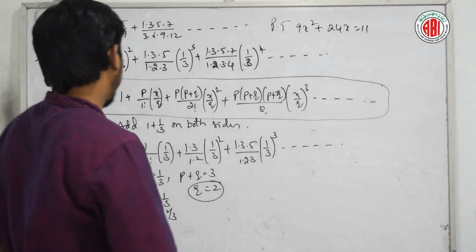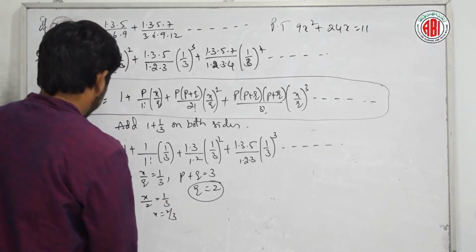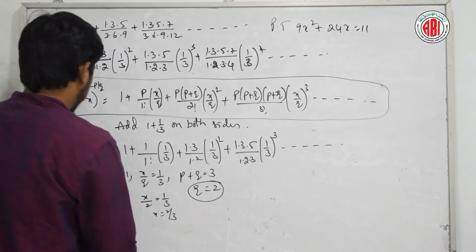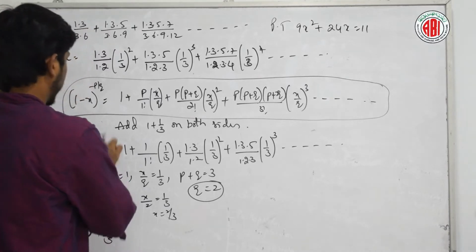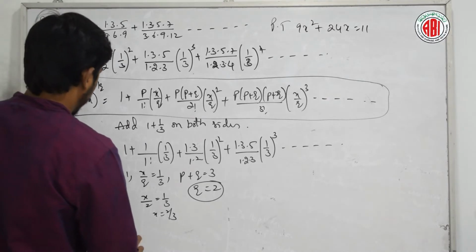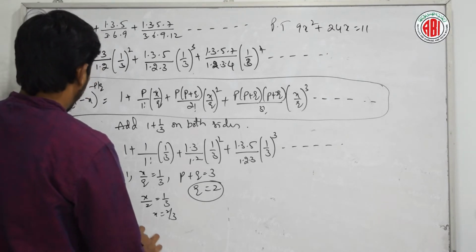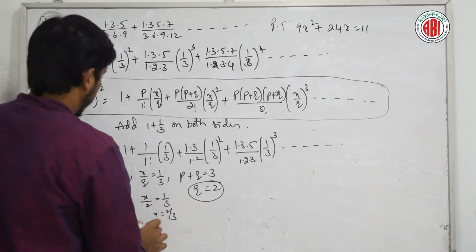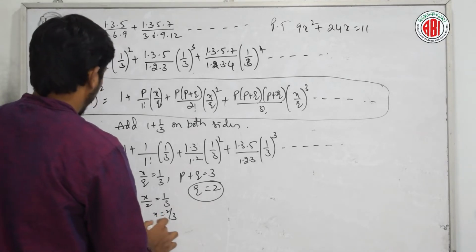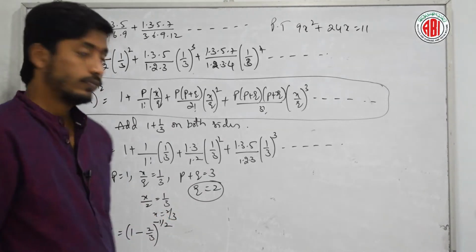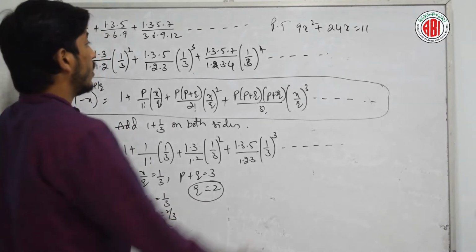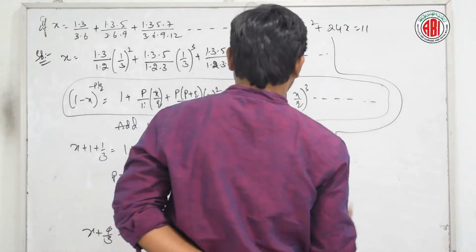Done. So what do we get here? X plus 3 ones are 3 plus 1, that is 4 by 3. That is equal to 1 minus, what is x here? 2 by 3 whole power minus p by q. Is it? So let me write those both and simplify.